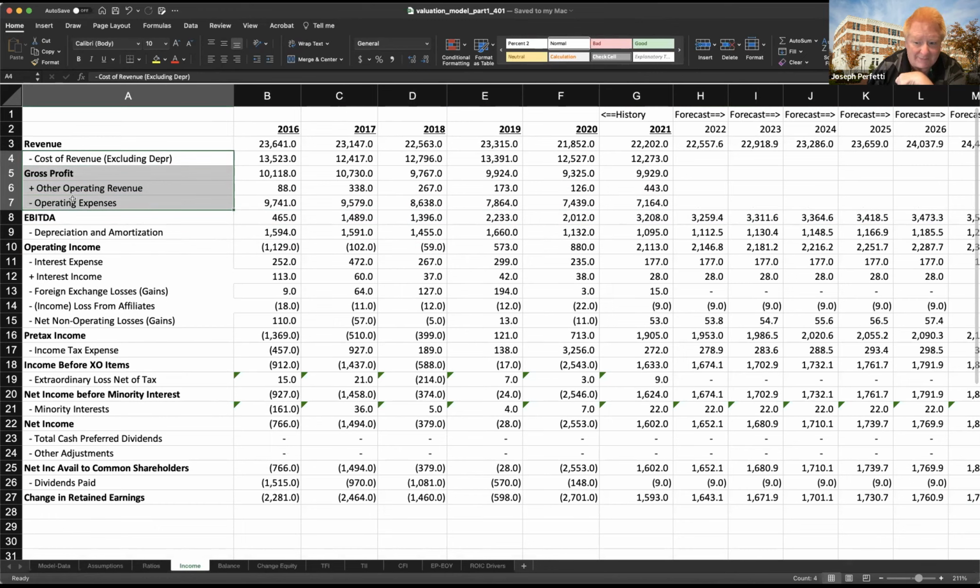I'm just trying to save you guys a little bit of time and effort because these two have to be in sync, operating expenses and cost of revenue to get to EBITDA, just adds a complication. So for this class alone, I'm simplifying by letting you directly forecast EBITDA and skipping this step. So that's just a choice I'm making. If you want to be more granular and forecast these, have at it. Just make sure that revenue minus all this equals that.